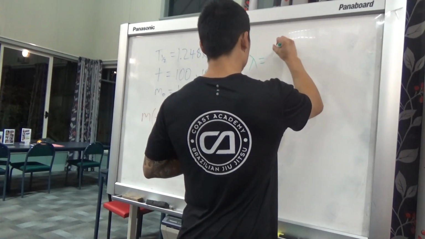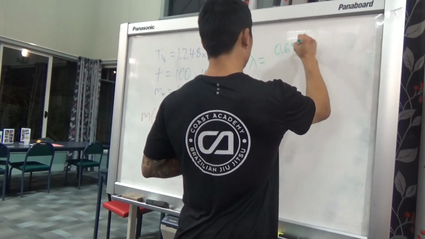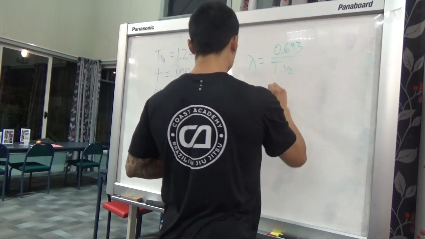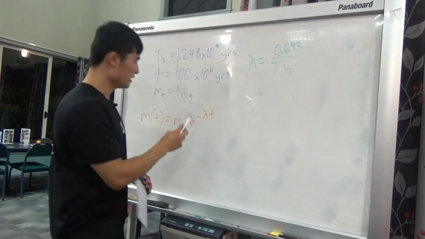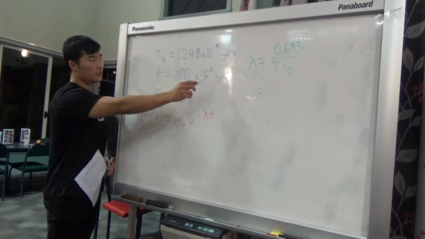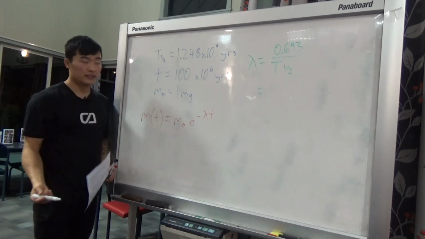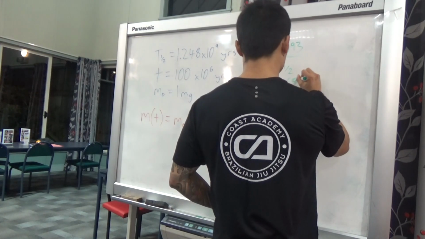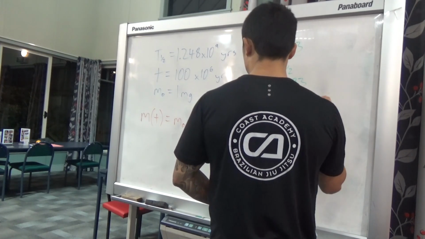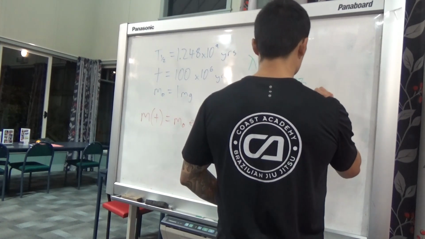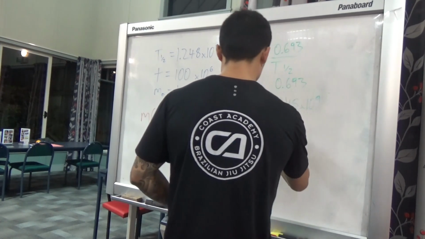Decay constant is equal to 0.693 divided by the half-life. And remember that because we have the time in years, we can also use the half-life in years as well. So that's 0.693 divided by our half-life in years, 1.248 times 10 to the power of 9.